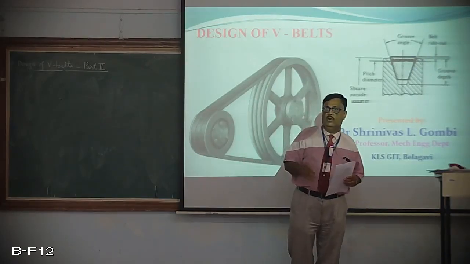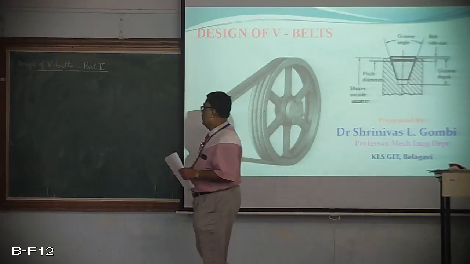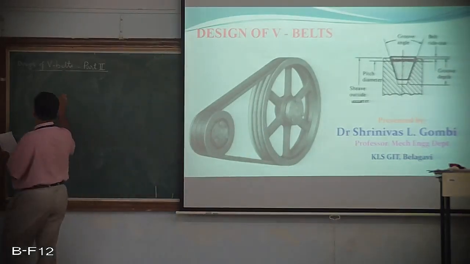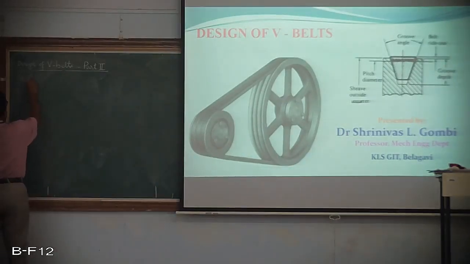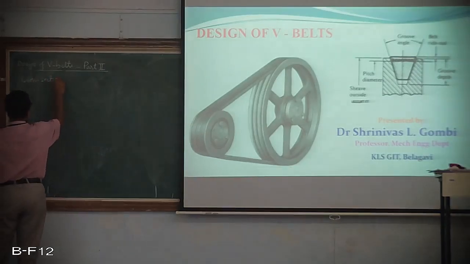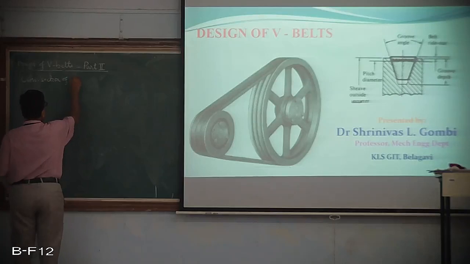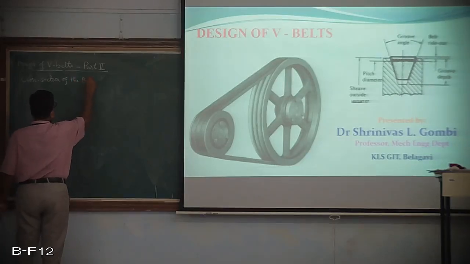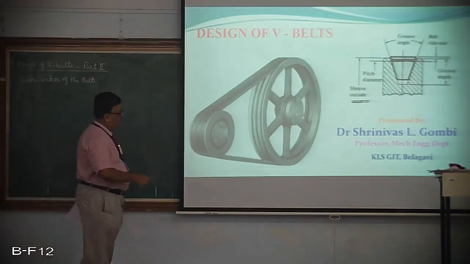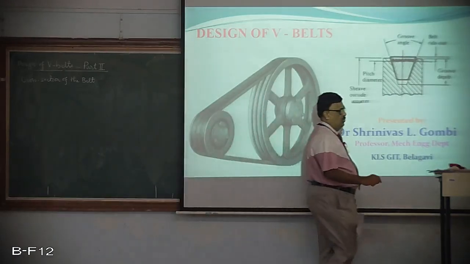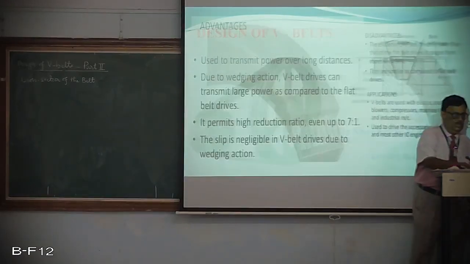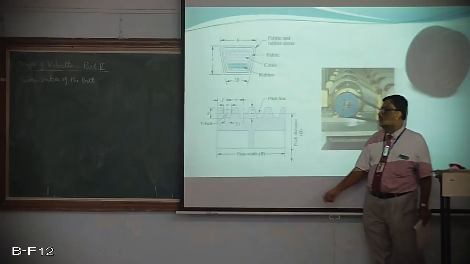So therefore today I would like to show you the constructional features of the belt, the cross section of the belt. You can see here I have a sketch. This is the cross section of the belt.